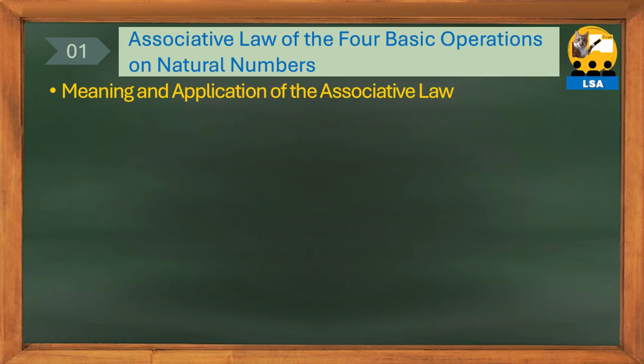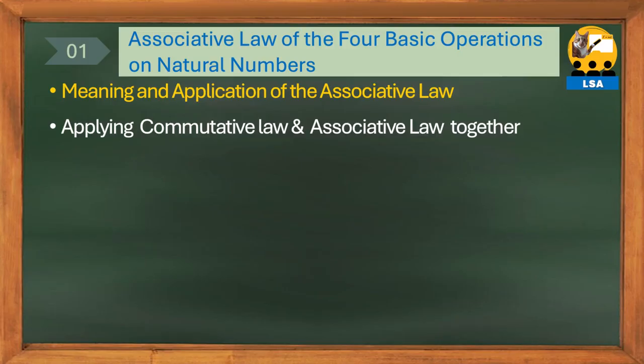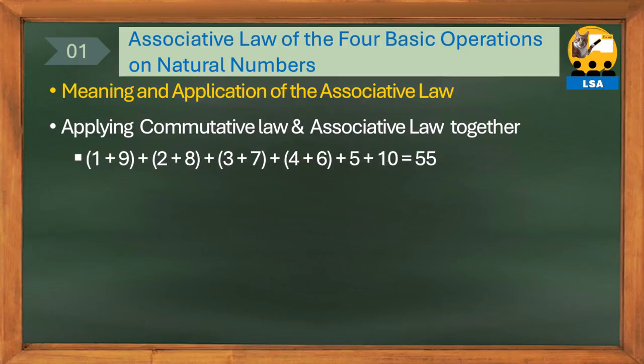If we apply the commutative law learned last time together, we can even change the order of the terms to be added. By doing 1 plus 9, 2 plus 8, 3 plus 7, 4 plus 6 to get 40, and adding the remaining number 15, we can easily and quickly find 55.